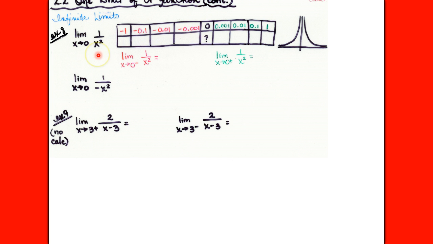If you do -1 squared, does the negative get squared as well? Yes, because it's the whole x value that's being squared, and my x value is -1. So -1 squared would be +1, right? So we would have 1 over 1, which is 1, all right? Then we've got -1/10. If you square a -1/10, what do you get?